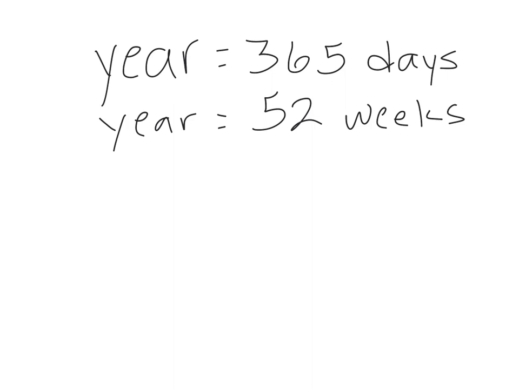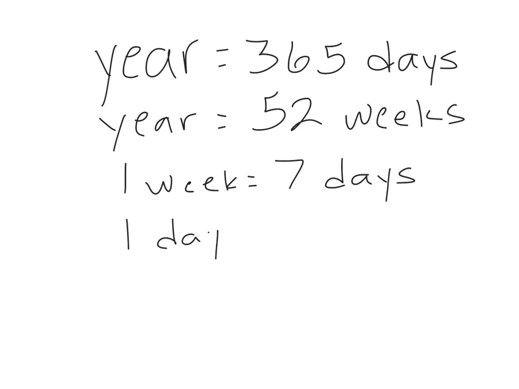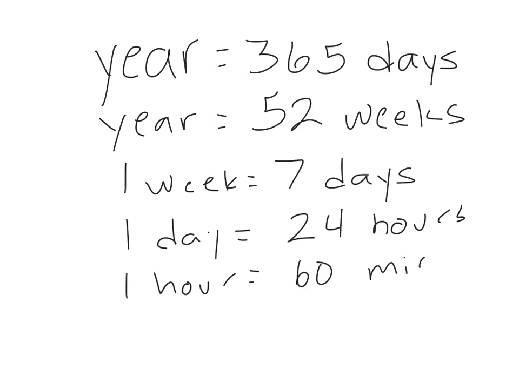Now, within these weeks, 1 week is equal to 7 days. Well, 1 day is equal to 24 hours. 1 hour is equal to 60 minutes. And 1 minute is equal to 60 seconds.